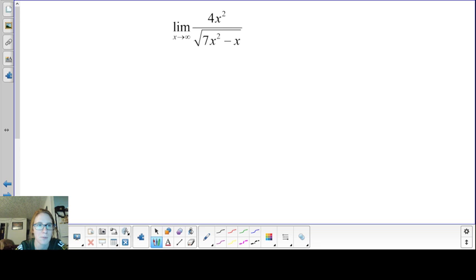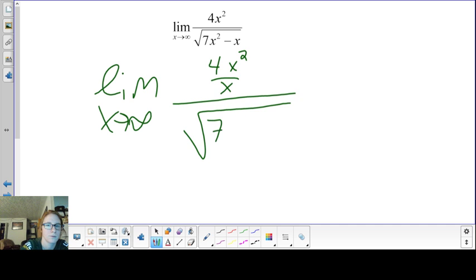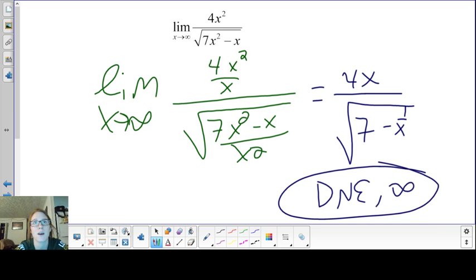Again, go ahead and try this one. So this one does not exist because you end up having that 4x up top.